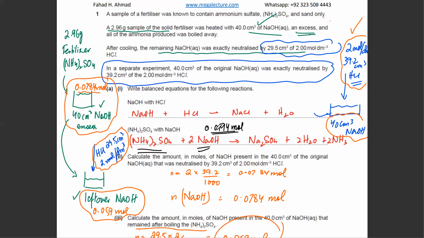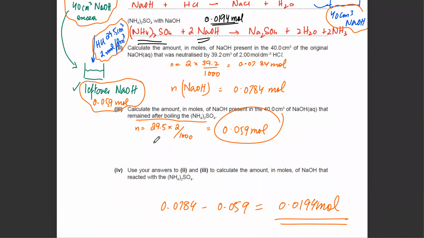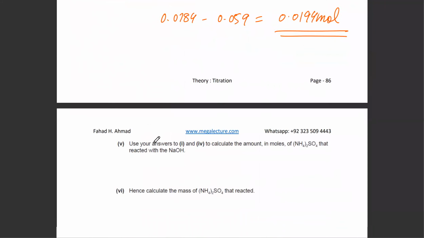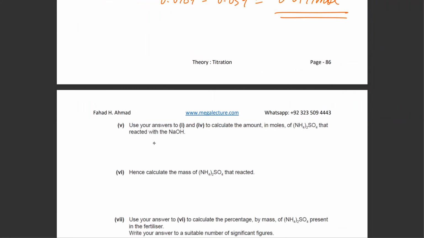What's 0.0194 divided by 2, 2:1? How much did it come to? 9.7 multiplied by 10 to the power minus 3. 9.7 multiplied by 10 to the power minus 3.